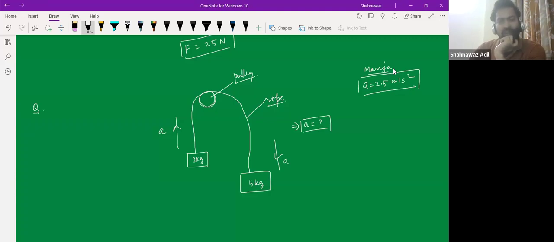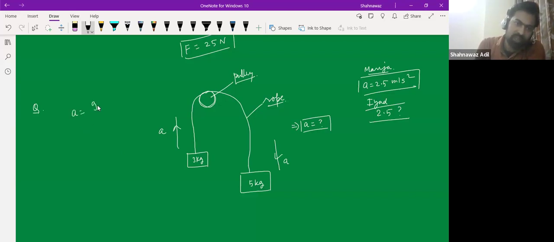We have derived this relation, and what did we get last time? 2.5. So why is there a question mark in your answer? Yad is saying 2.5. Remember, what was the acceleration?